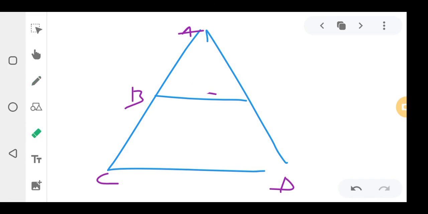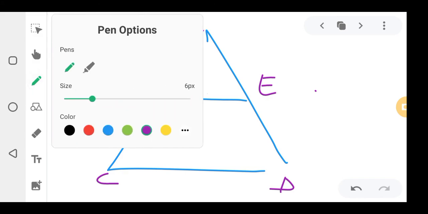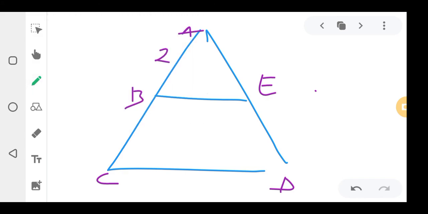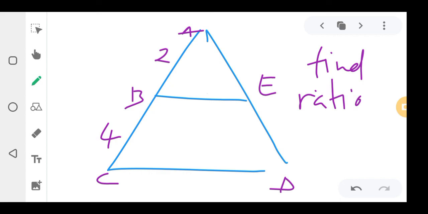Actually, I'll put E here, and then I'll put 2, 4, and then I say find the ratio BE to the ratio CD. I'll make it question 1.